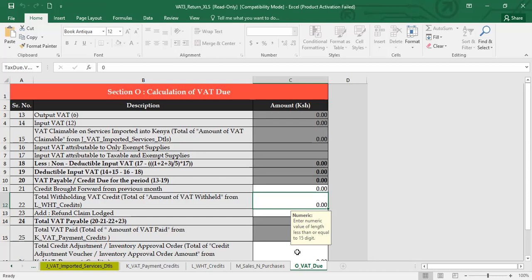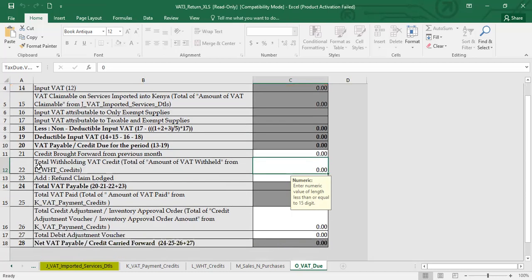So here you can see number 22. Also, there is number 12. That is credit brought down from previous month. If you had a credit, meaning if you had overpaid the previous month, uta-recognize yapo because it is going to reduce the tax.